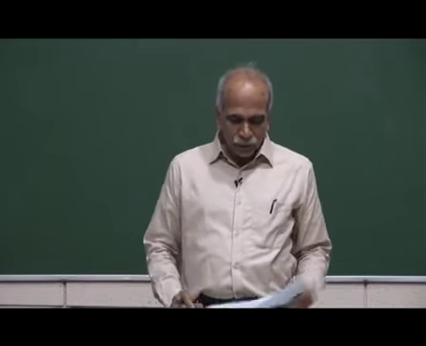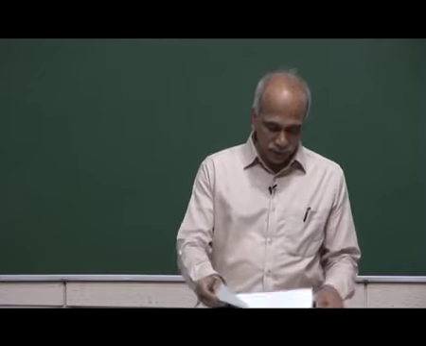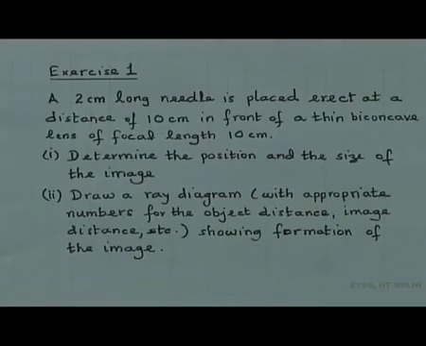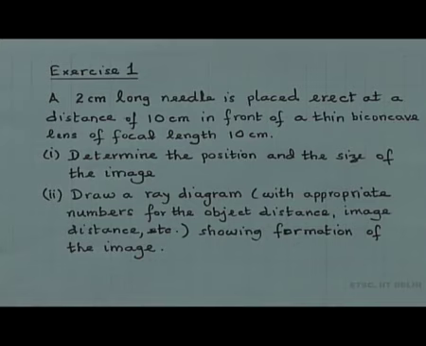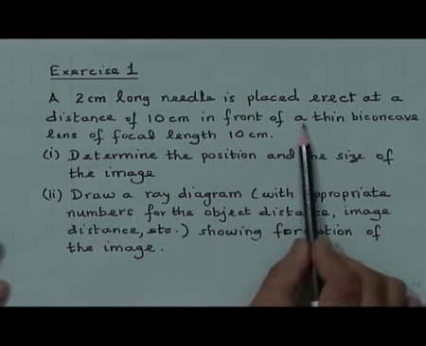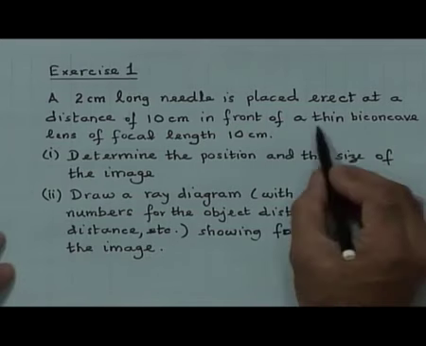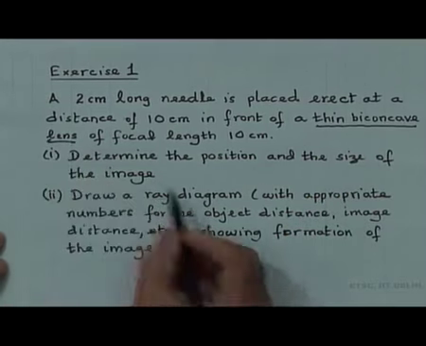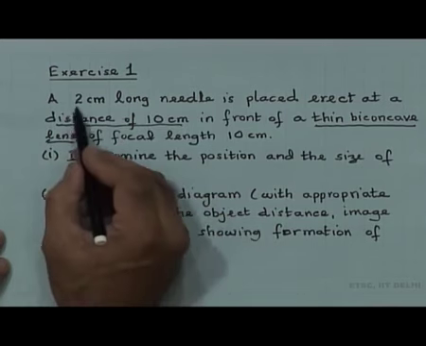So, we come back to some examples. We will try to work out a couple of examples here. Exercise. A 2 centimeter long needle is placed erect at a distance of 10 centimeter in front of a thin biconcave lens. So, what is given is a thin biconcave lens. Distance is 10 centimeter.